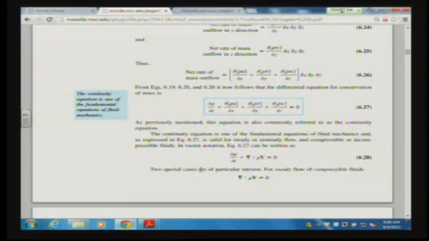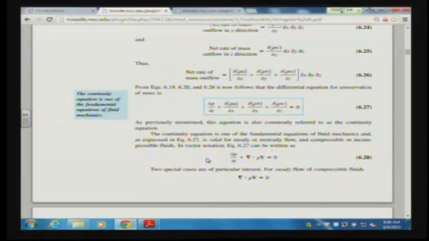Equation 6.27 is steady or unsteady, compressible or incompressible. So equation 6.27 right here is a very general form of the equation. It's also quite hard to use. It's hard to have most of these variables.